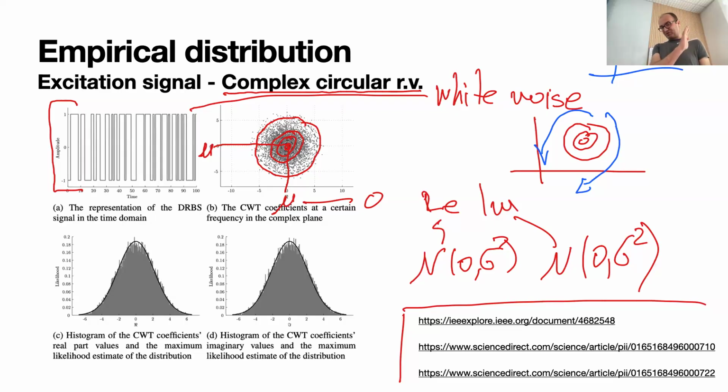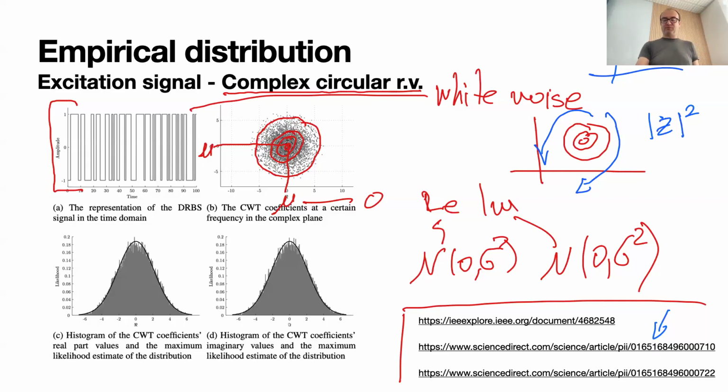If you want to go deep into this, you have these papers here. The only thing that you have to remember is that the distribution of this white noise is concentric circles. That means the shape is dependent only on the modulus of this complex variable.